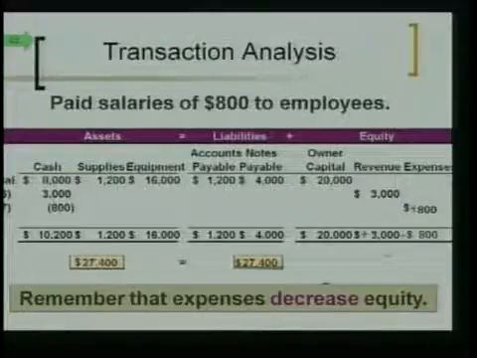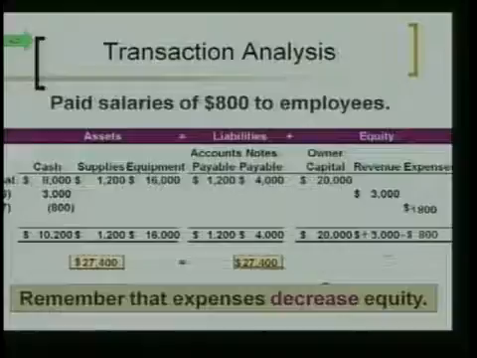So when you have an expense, yes, your expense goes up, which causes your total equity to go down. I want you to understand that. Understand? Does the accounting equation hold? Stay put? Yeah. Good.